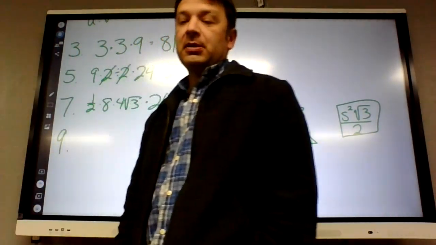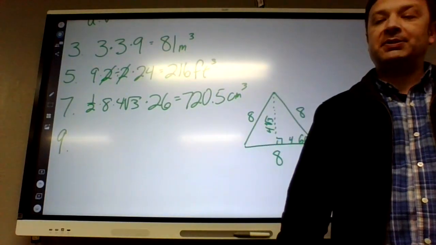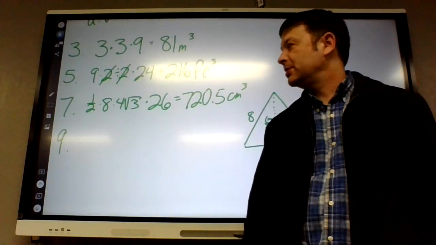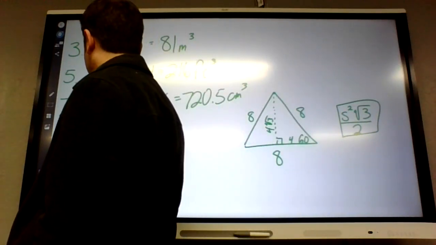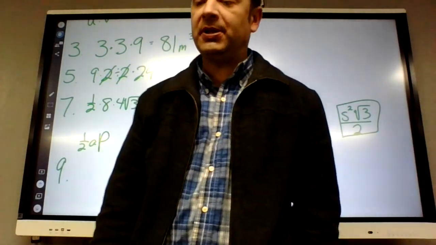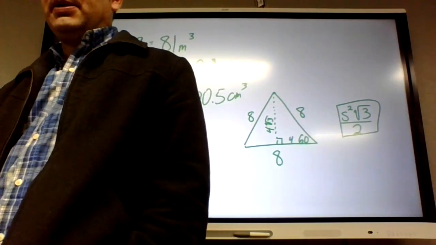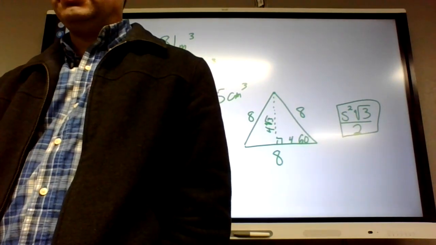Okay. Number 9. How are we going to find the area of that base? One half apothem perimeter. So the apothem, they tell us, is that little blue thing. It's 18.1. Perimeter though, how are we going to find the perimeter of the base?